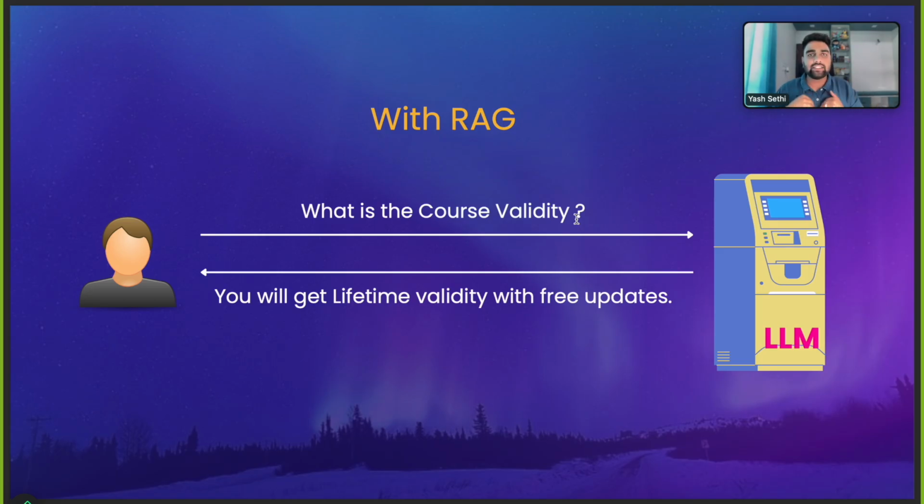Why? Because RAG is bringing your internal document to the LLM, so that the LLM can use that data to provide a more personalized output, right? So the answer will be: you will get lifetime validity with free updates.